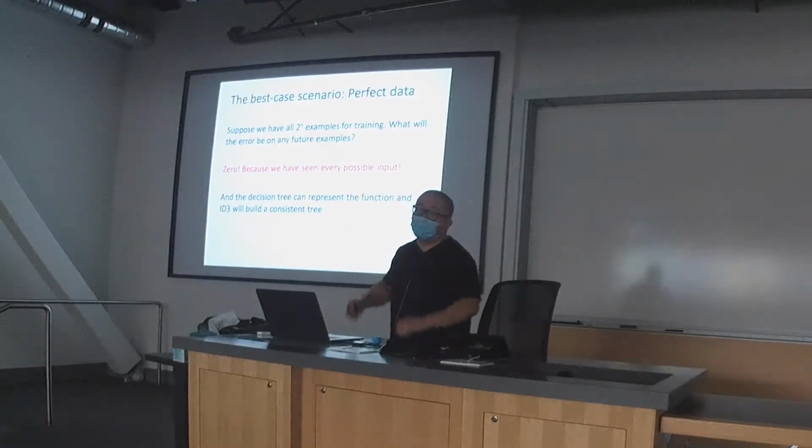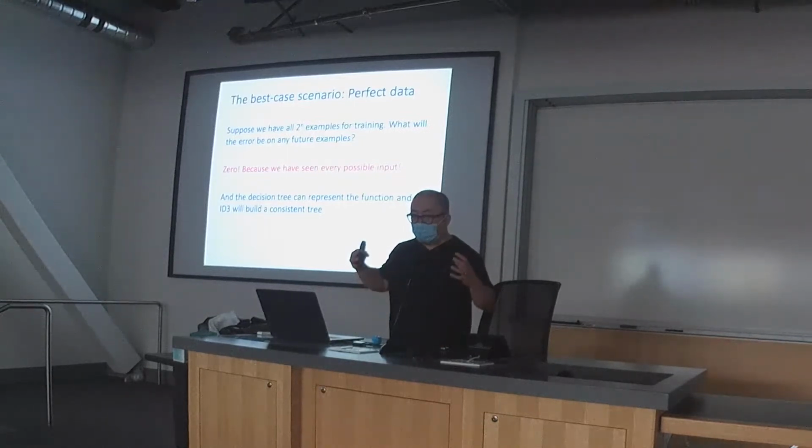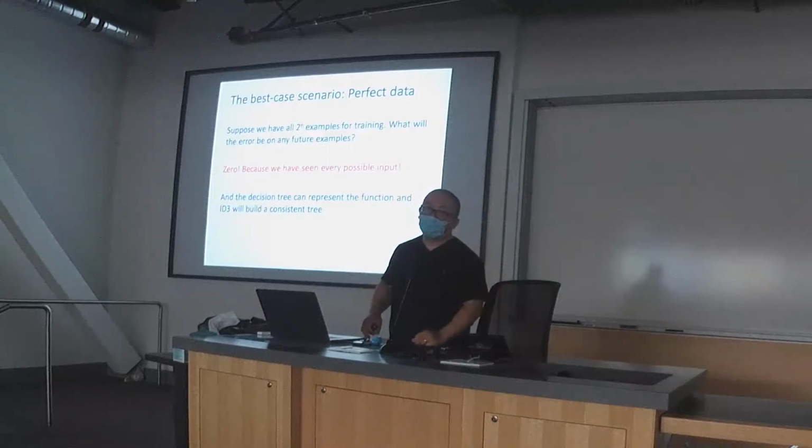But here, let's just do some thought experiments and see what will happen, right? When the data is perfect, if you are able to train on a data set which includes all possible instances, you have zero training error, and you have zero testing error, because all the test instances have been seen in the training stage.